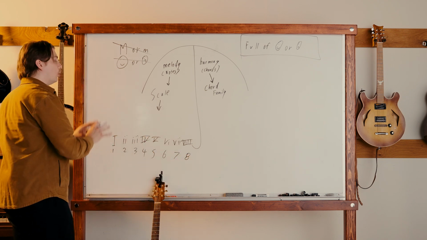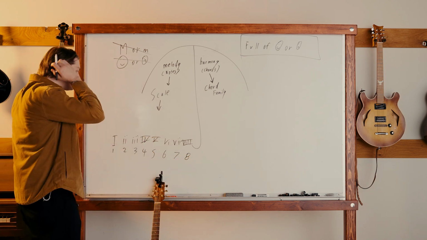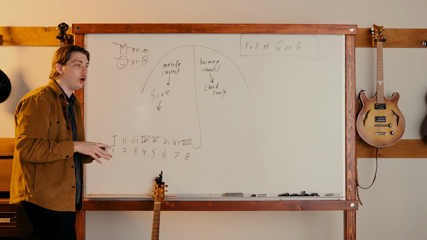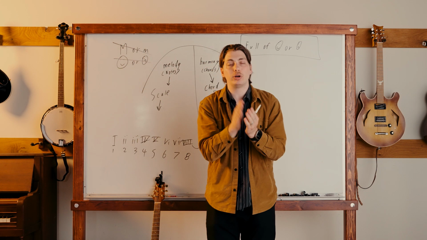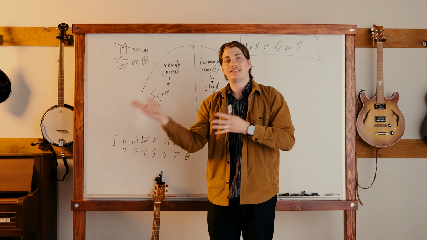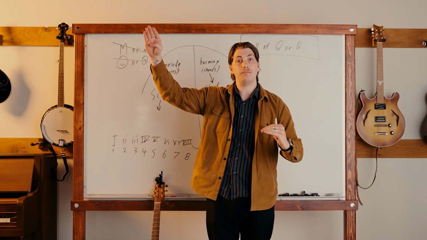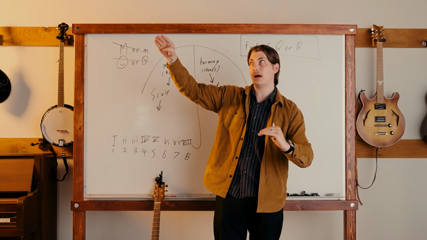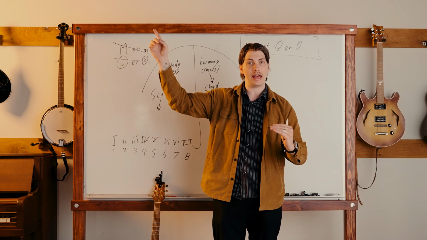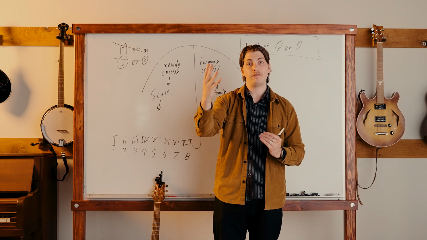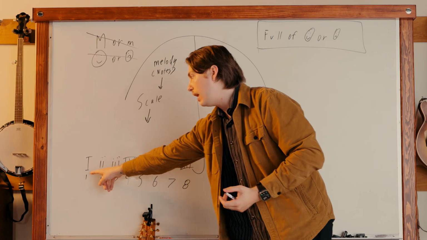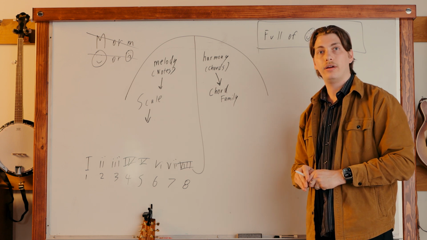What this does is help us to know what the numbers are in a scale, or in a pattern of notes that moves up. So if I go do, re, mi, fa, sol, la, ti, do, how many notes is that? It's 8 notes, and there are 8 numbers right here.